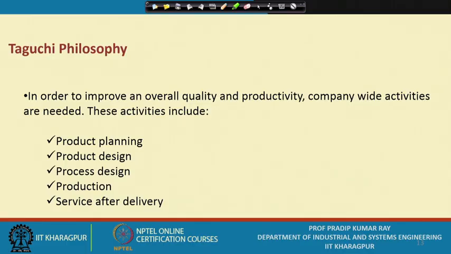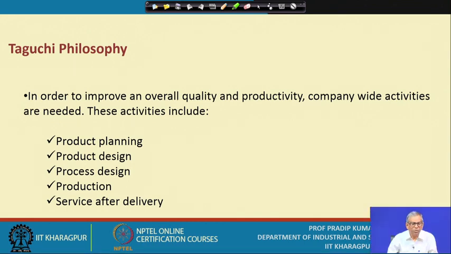So in order to improve overall quality and productivity, you will always try to improve the quality, but you also make sure that the performance and the productivity of the products concerned must also improve. So to achieve this, both quality improvement as well as productivity or performance improvement, the company has to engage in several types of activities.